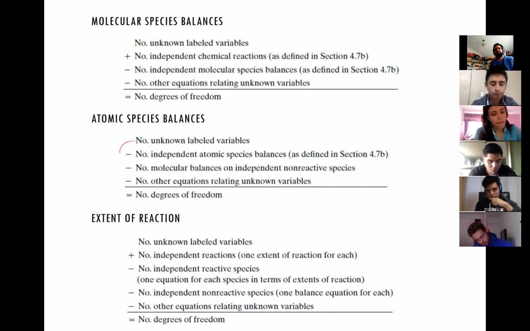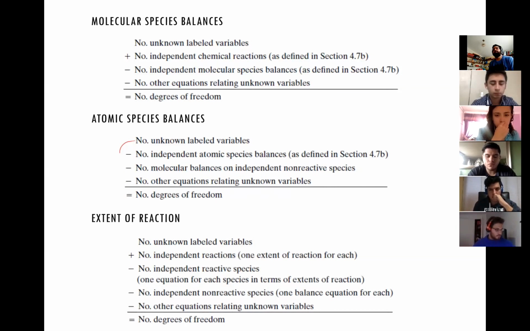And then we subtract the number of independent non-reactive species, for example, inert gas, or nitrogen if we're using air for the oxygen, and so on. And again, we subtract the number of other equations relating unknown variables, right? So that's how we do it.